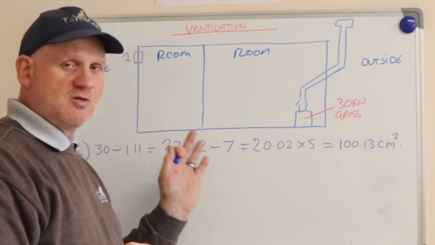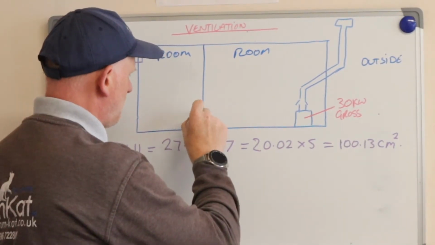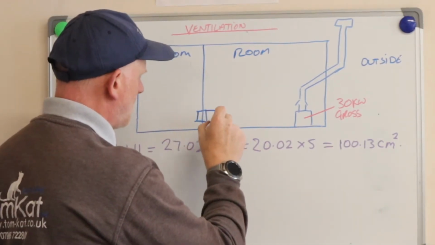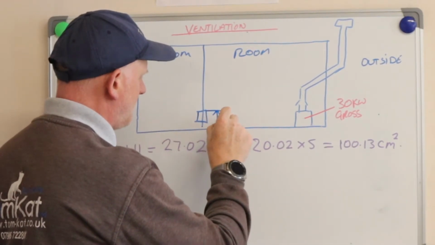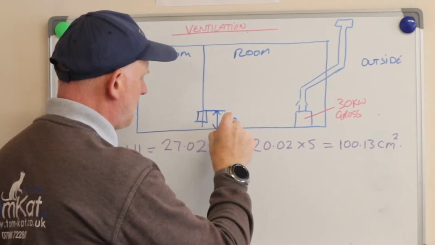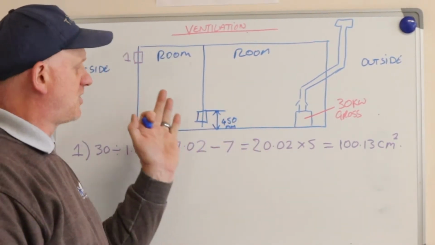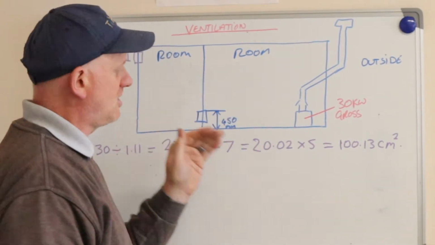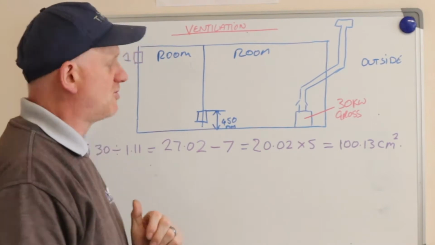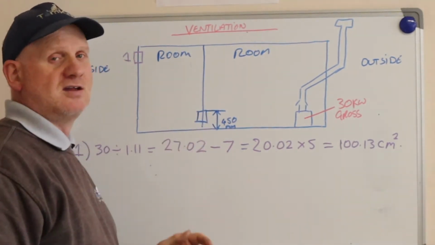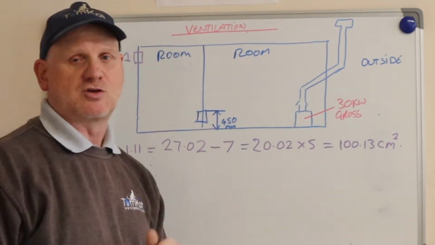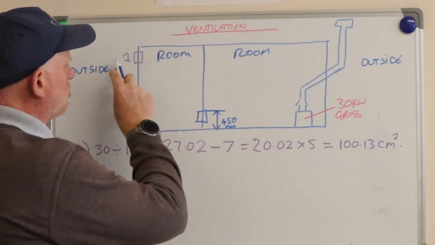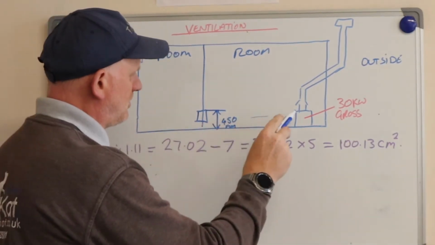Now our internal vent must be installed low down, and it must be no more than 450 millimetres from the floor to the top of the vent. And that is so smoke in a fire doesn't spread through the rooms, because if that vent was up there, then the smoke would be able to go up and across. This is where the fresh air comes in. So the air for combustion would come in and go through there.